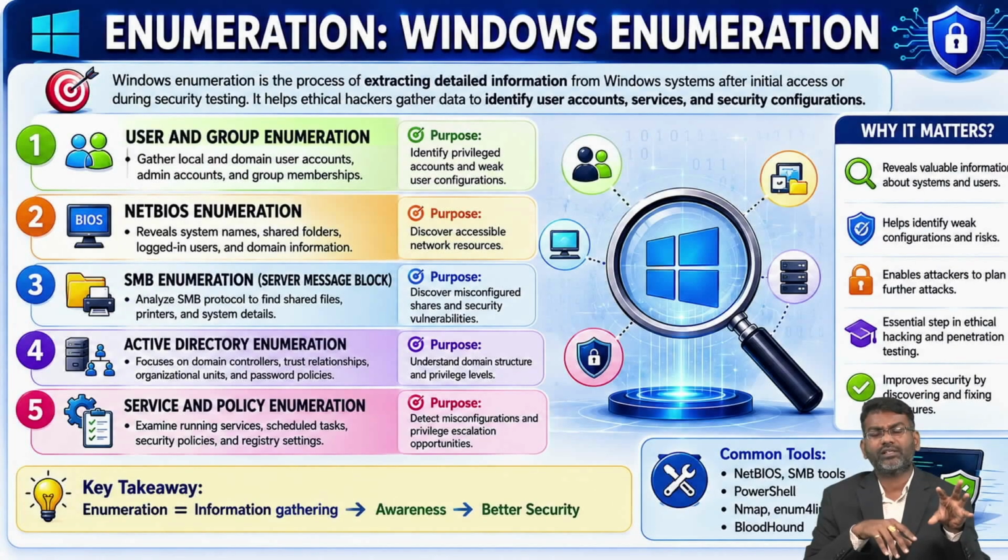Generally, every user will be using the required system. Not only a single user, one can have multiple user accounts. Every user will have their own privileges, their own permissions and everything. So in the case of user and group enumeration, we will be gathering the local and domain user accounts of who is exactly using the system, the admin accounts and the group memberships.